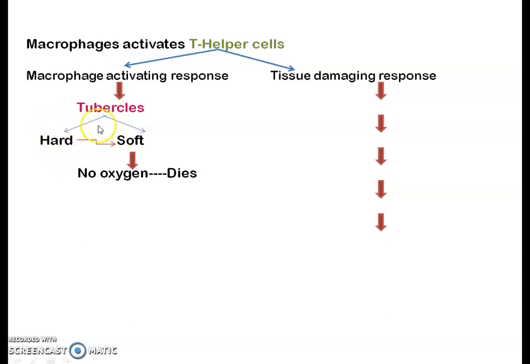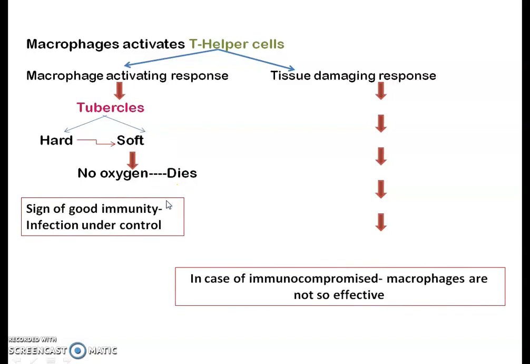And when the cells die, because the bacteria will not get oxygen anymore as they multiply uncontrollably, many of them die. This is the sign of a good immunity, and the infection will be under control.